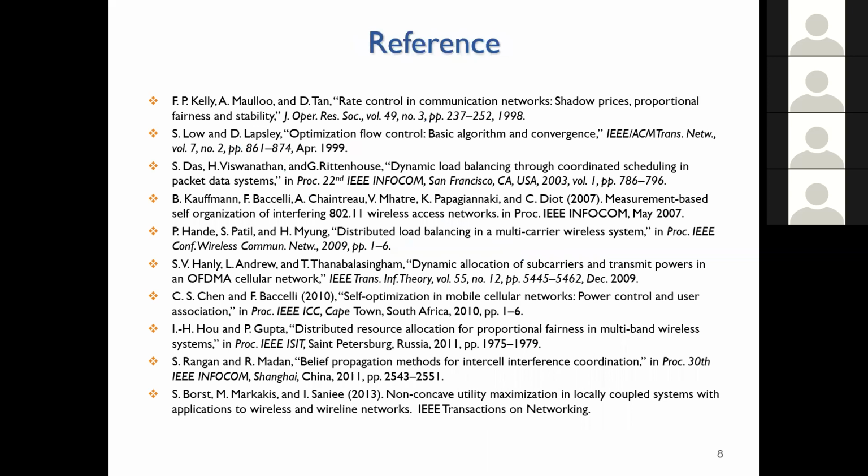I will just put it here for reference, but we don't have to look into details. You can see this kind of question has appeared in the literature for networking research, such as Transactions on Networking, and also INFOCOM and many others.